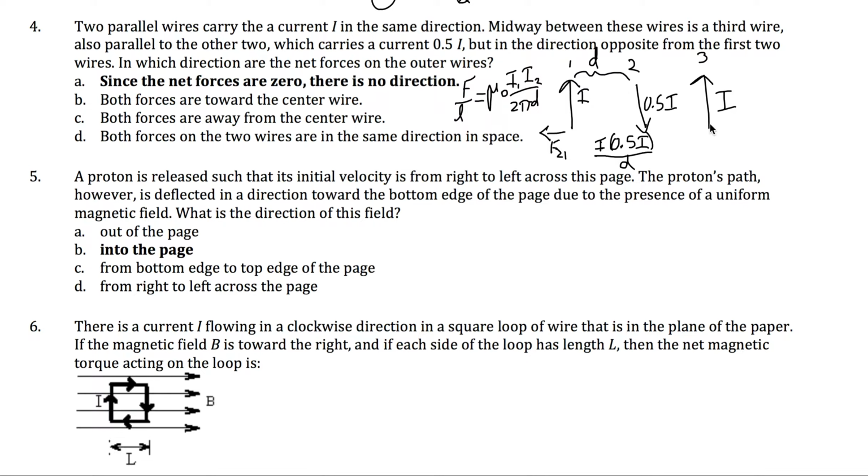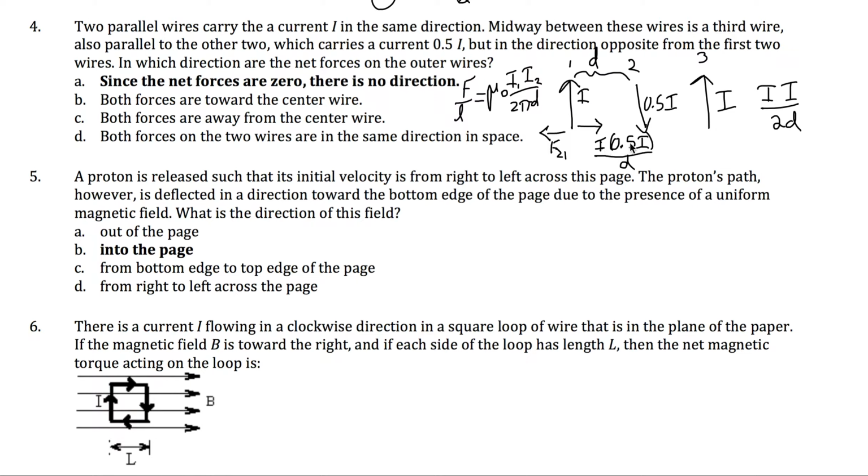So when the currents are in the same direction, the wires are going to attract each other. So what is the amount of this force? Well, this time, if I plug in what I know, the two currents are both the same. You don't have one that has a factor of 1/2. However, for that distance, it's twice as far. So the distance between 1 and 3 is 2d.